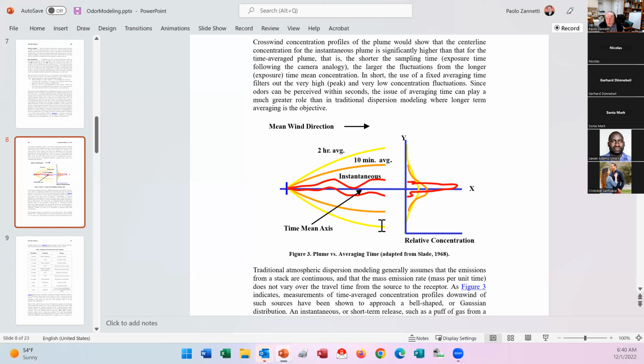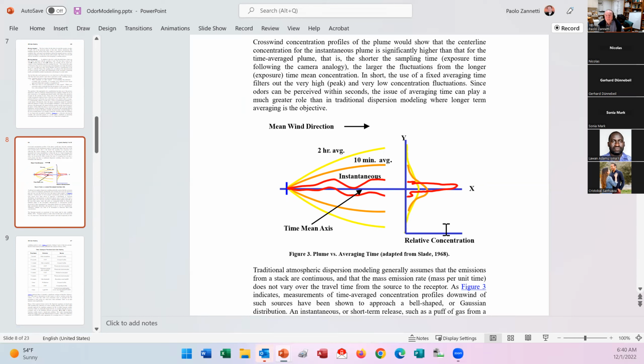But hopefully, when we average over an hour, the plume concentration tends to become a bell-shaped distribution that can be described by a Gaussian equation.